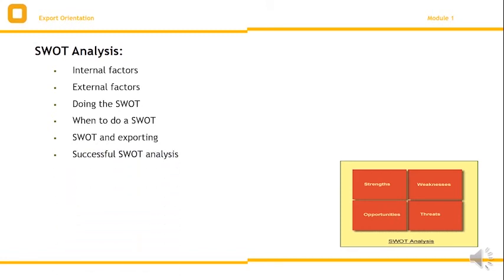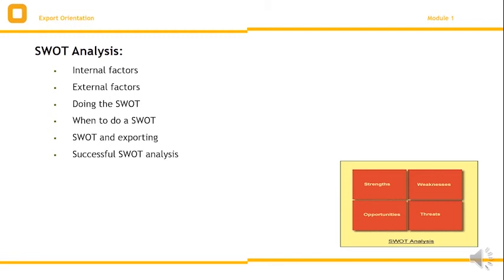So how can you compile a good or successful SWOT analysis? Make sure that you are realistic about your strengths, weaknesses, opportunities, and threats. Be specific. Clearly define what your strengths, weaknesses, opportunities and threats are.